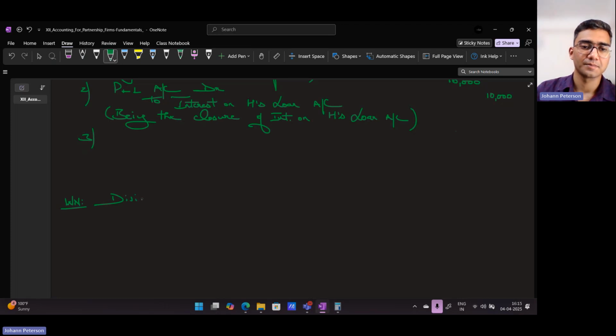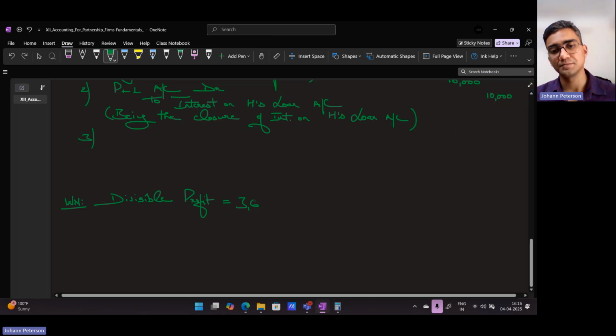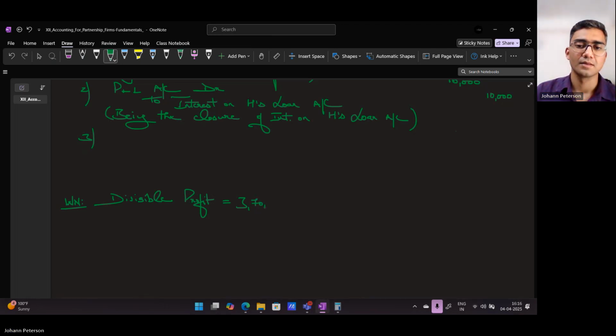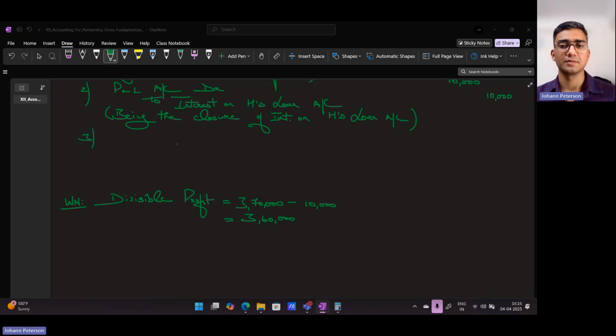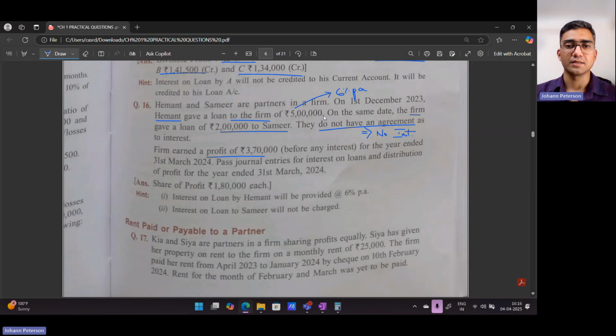Divisible profit is 3,70,000 minus 10,000, which is 3,60,000. So this 3,60,000, if I have to divide it, and there is no ratio given, so this will be equal.